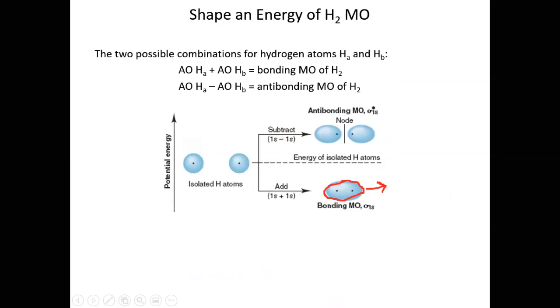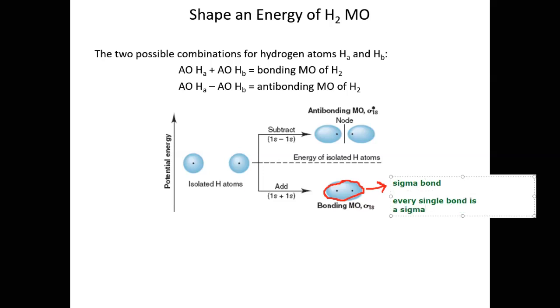And then we have antibonding, where you see the node, or the region of zero electron density between the two atoms. That's from subtracting the two atomic wave functions.